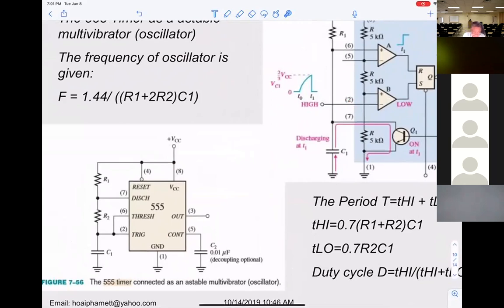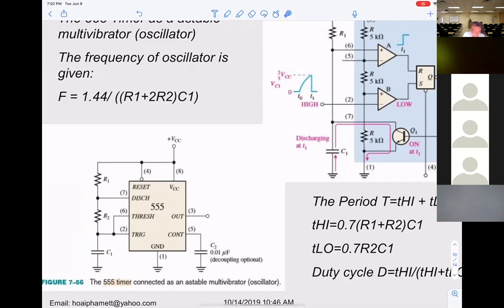Also you can see when you get the power here, the current will go into here, then go into R1, R2, then charge the capacitor.